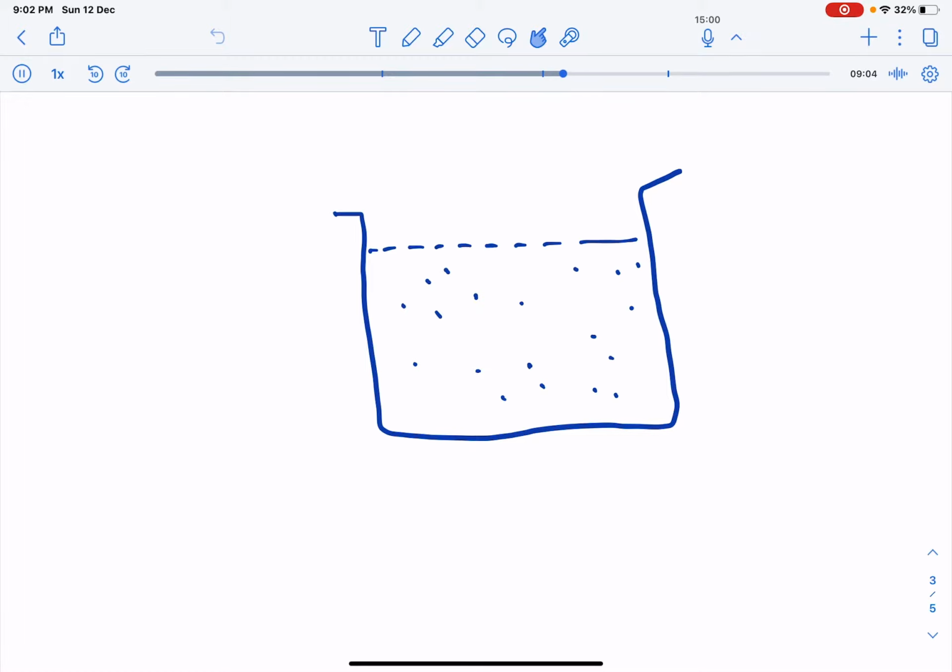The phospholipid molecules would arrange themselves in such a way that their hydrophilic heads are outwards and their tails are facing inwards of this globular shape.